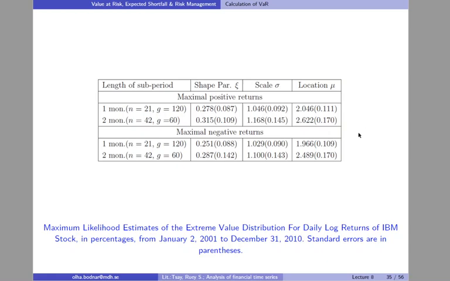So for maximum likelihood estimates of the extreme value distribution, we're giving this in percentages. Maximum positive returns are given in this way. Maximum negative returns are given in this way, for subperiods of 1 to 2 months. This is the shape parameter, scale, and location.